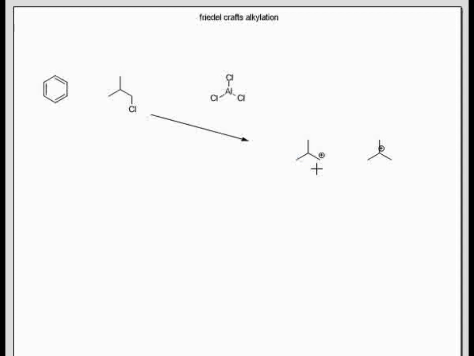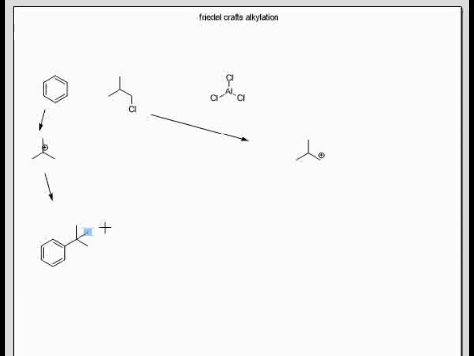So benzene can react with this one and this one also to get two different types of products. This one will give the major product and this will give the minor product, but still the benzene will react with both. So let's find out what's going to happen. Benzene will react with this type of system to form a product like this.